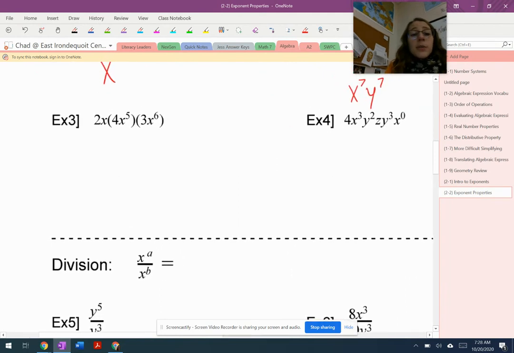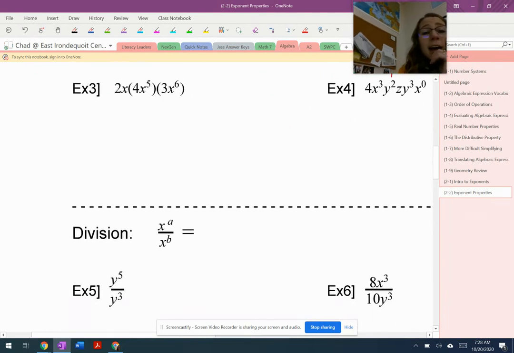Example 3, getting a little bit more complicated here. Here I've got some parentheses going on. I've got exponents. Let's take a look at this. So the first thing when you're looking at this, that 4 is not attached to that x to the 5th. That 3 is not attached to that x to the 6th, and that 2 is not really attached to that x either.